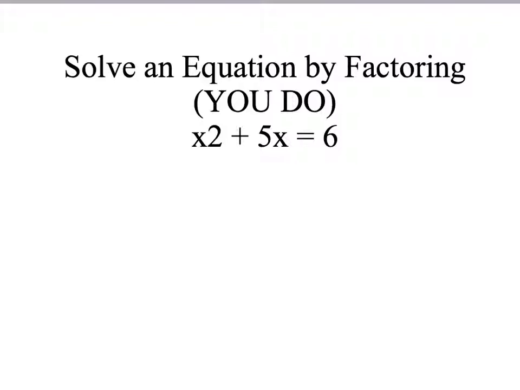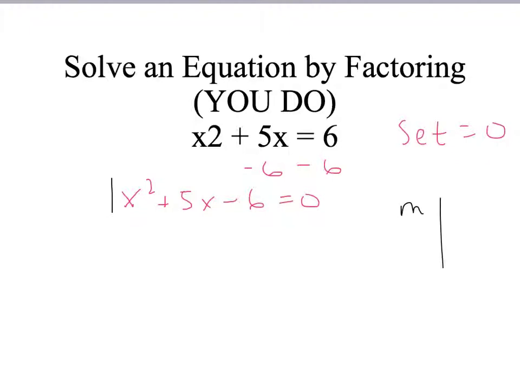What you should have done here is first set the equation equal to 0. I can do that by subtracting 6. So now I have x squared plus 5x minus 6 is equal to 0. The coefficient here is 1, so I want two numbers that multiply to negative 6 and add up to 5.